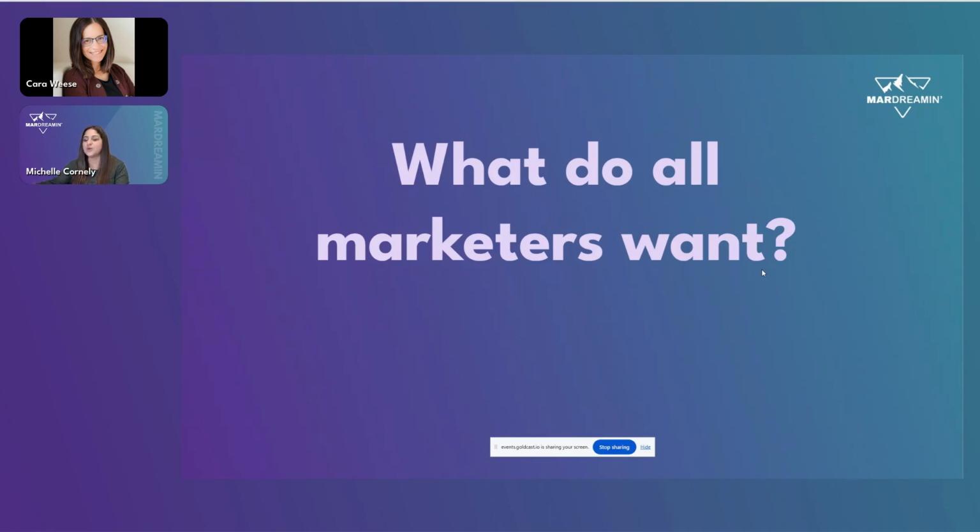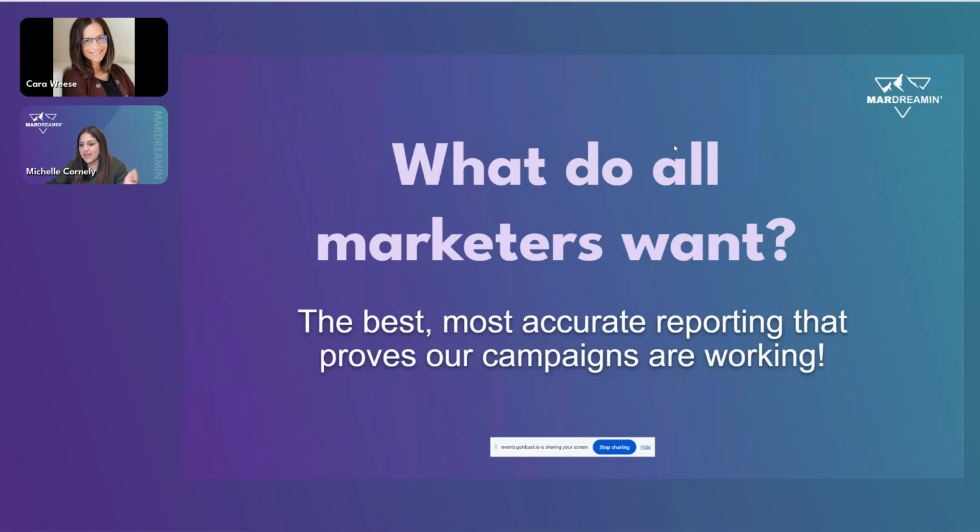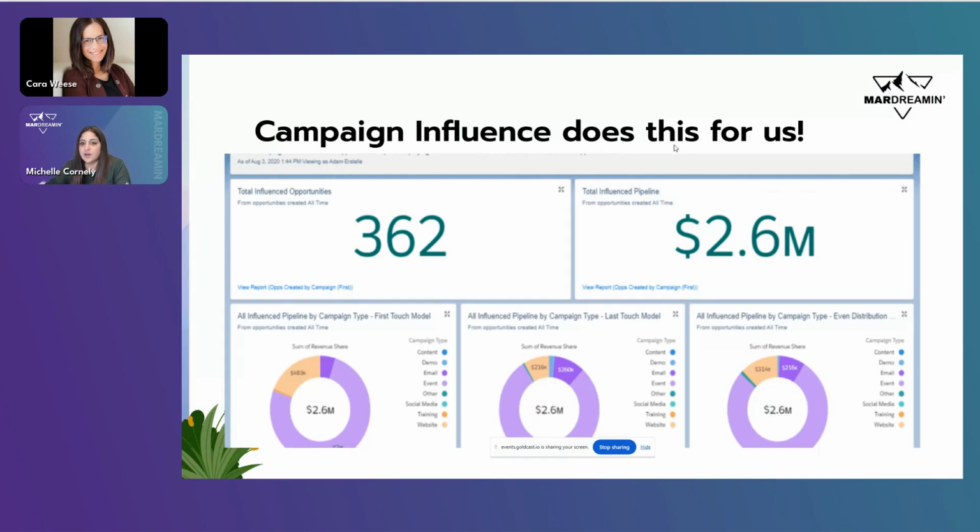So what do all marketers want? I'm going to tell you. We want the best, most accurate reporting that proves our campaigns are working. As marketers, this is so important because it allows us to know what we should continue doing, what we should stop doing, which initiatives are driving revenue. And for those of us that are using Marketing Cloud Account Engagement, we have access to Campaign Influence, which does this for us. So if you're familiar with Campaign Influence, we see these reports all the time.